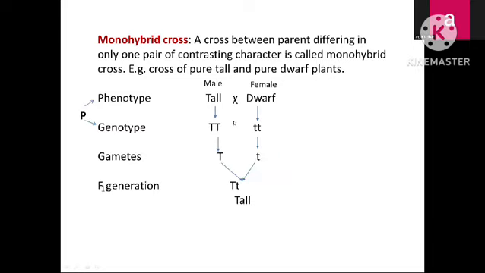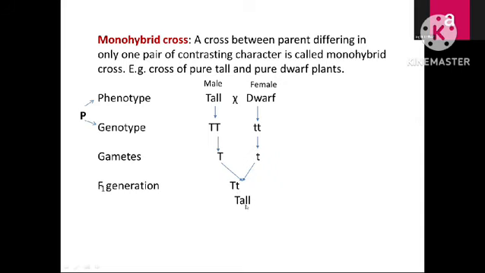Now, cross takes place between male and female gamete and F1 generation appears, that is capital T, small t. Genotype of F1 generation is capital T, small t, and phenotype is tall plant.